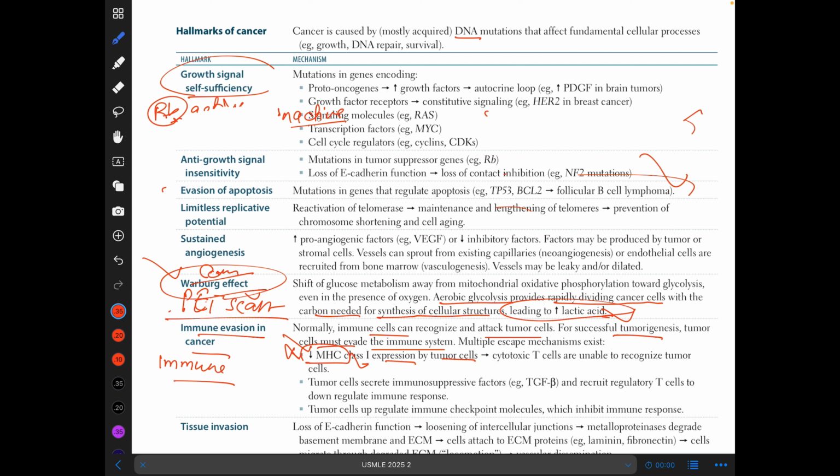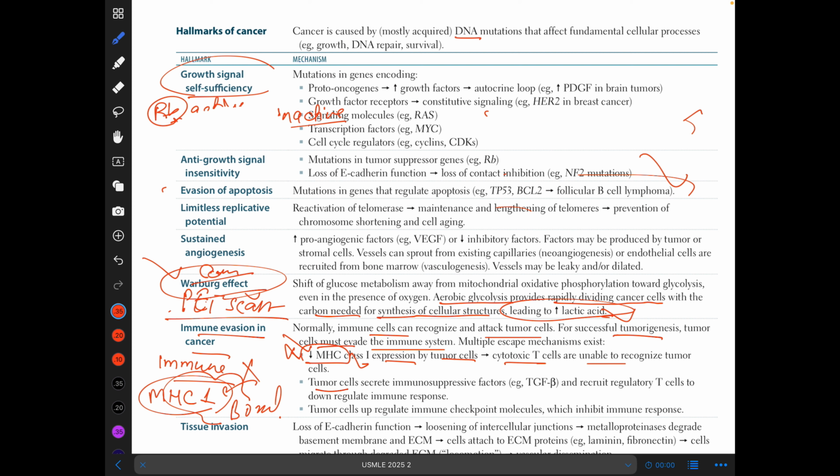Due to the lack of this expression, the cytotoxic T cell is unable to recognize the tumor cells. It's simple: if a cell shows MHC class 1, the T cell will detect and destroy it, but when the cancer cell shows decreased MHC expression, the T cell cannot recognize it and will not destroy it.